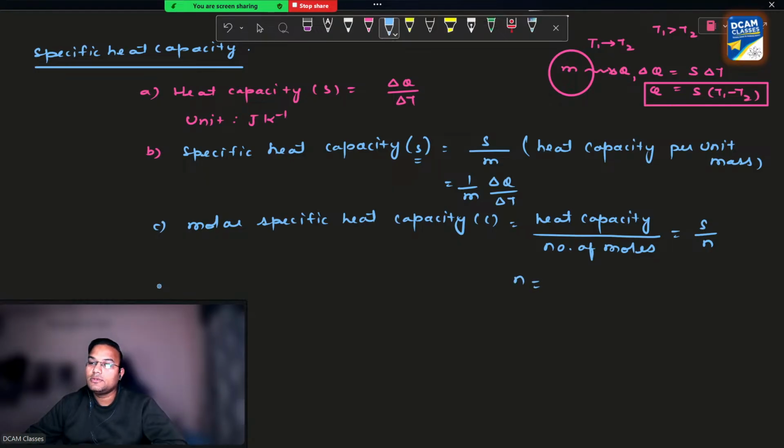And you know what is number of moles? It is mass divided by molar mass.